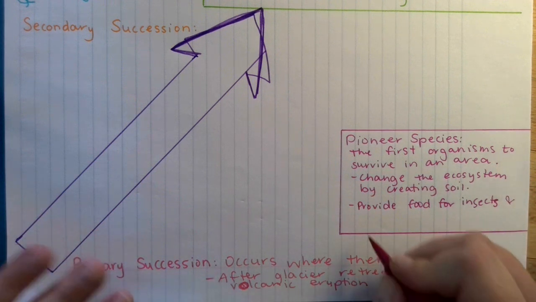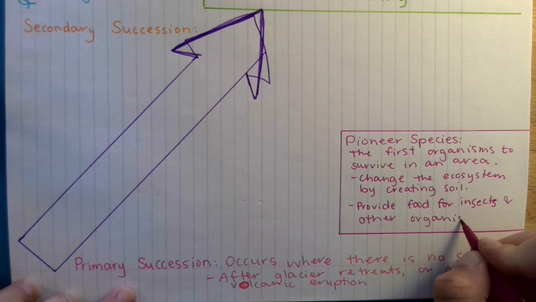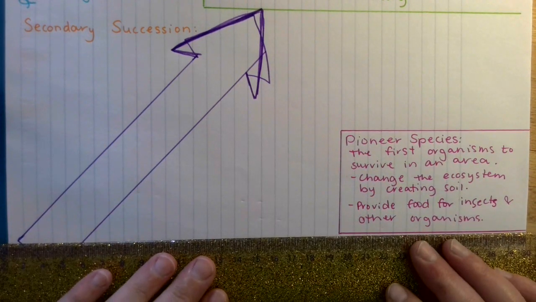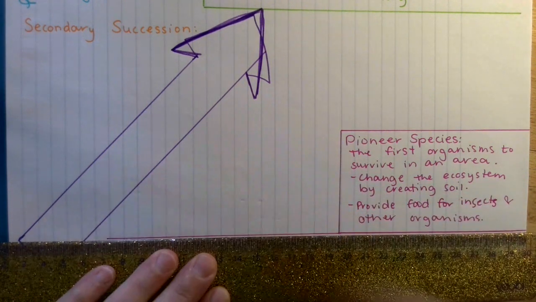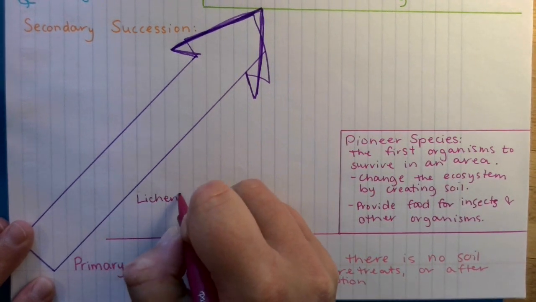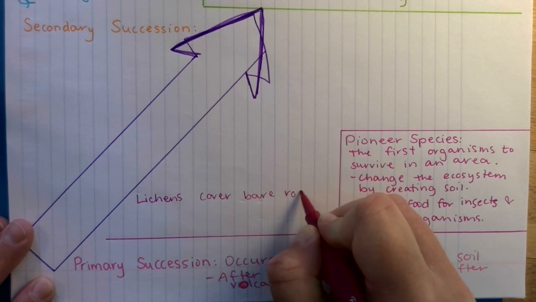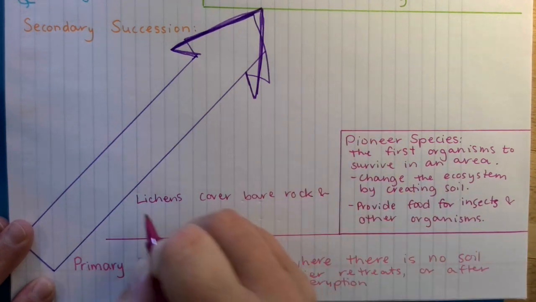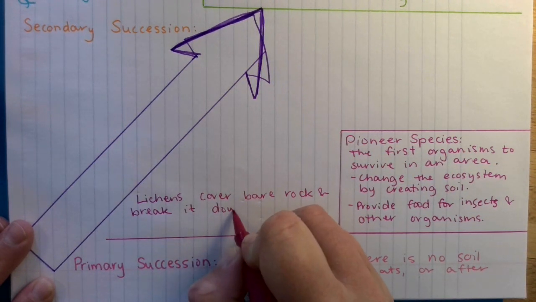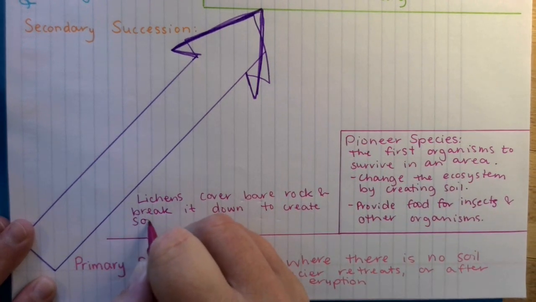Insects and other organisms. So some examples of these pioneer species are lichens, which cover bare rock and break it down to create soil.